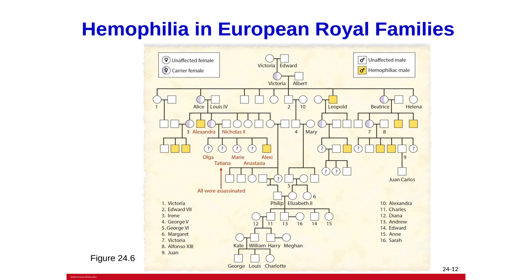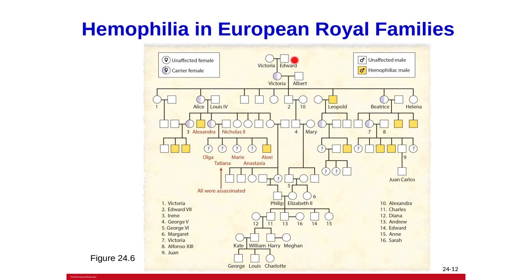Okay, this is a family pedigree, and I know it looks very intimidating because of how large it is, but we're just going to take a quick look at it and try to understand what's going on in it. So we're going to start with Queen Victoria. Over here, you can see that she's a carrier. You'll note that neither her mother, Victoria, or Edward appeared to have the disease.